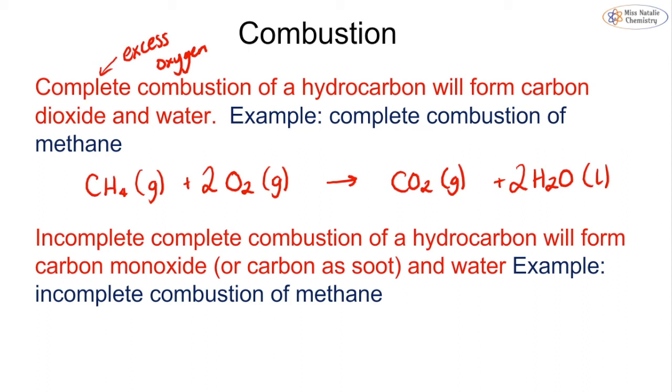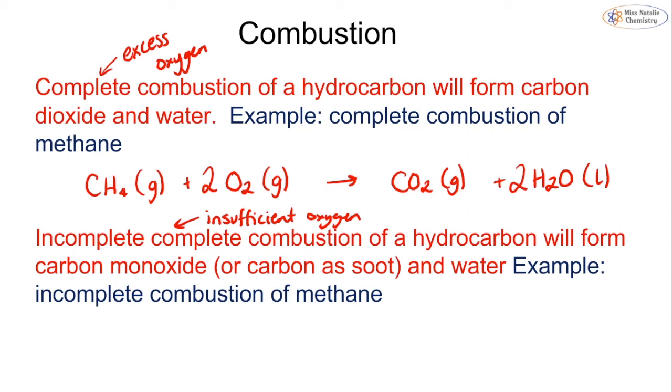Now, incomplete combustion is when we have insufficient oxygen, or not enough oxygen in order to fully react. The difference here is that this time we're going to make carbon monoxide, or maybe even carbon in the form of soot. We still make the water though, that hasn't changed.